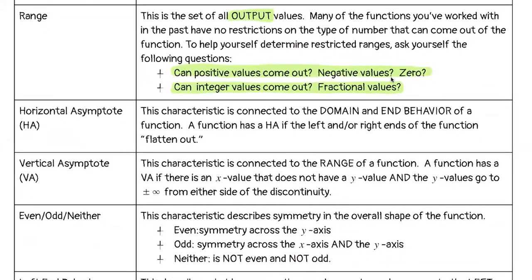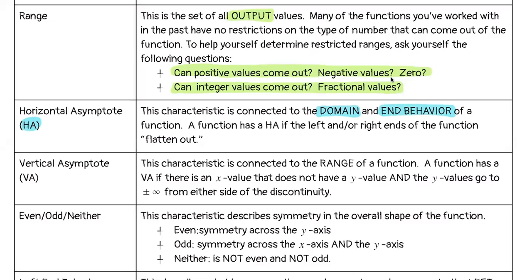Now, the horizontal asymptote we've seen in our exponential graph, but one connection I want us to make here is that this horizontal asymptote is actually connected to the domain of a function as well as something we call the end behavior, okay?